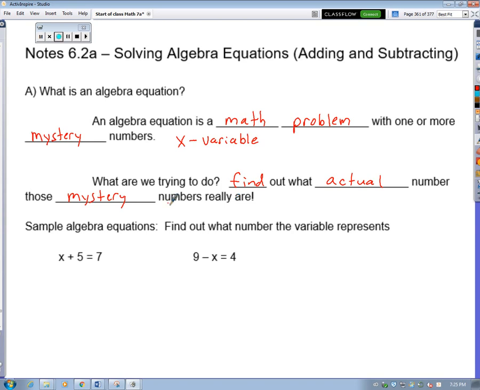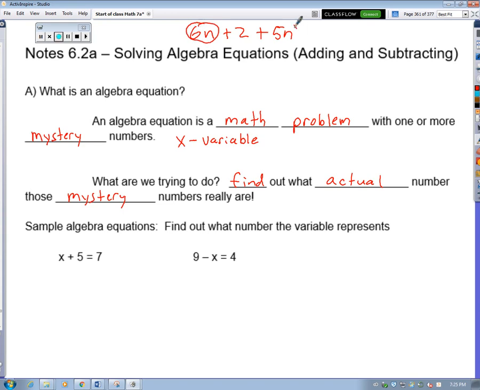Now let me back up just a little bit, because in 6.1 we were working with something called algebra expressions, like 6n plus 2 plus 5n. We couldn't solve these. All we could do is simplify it by combining what they have in common.